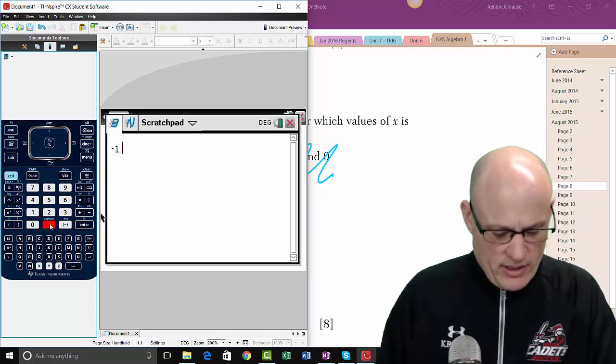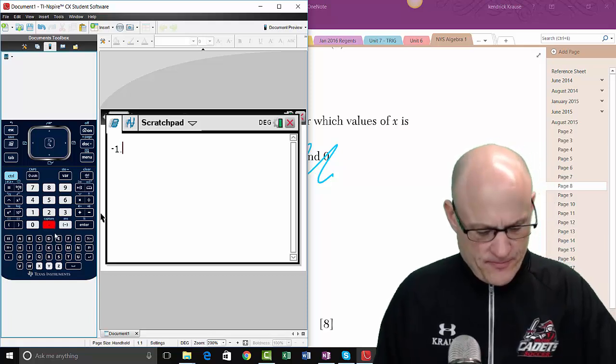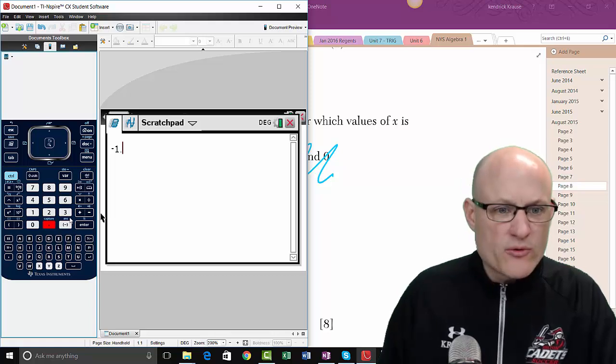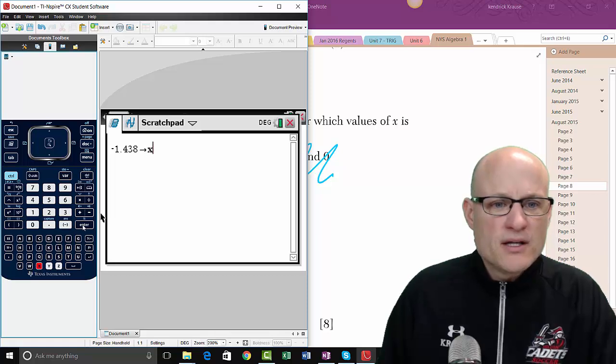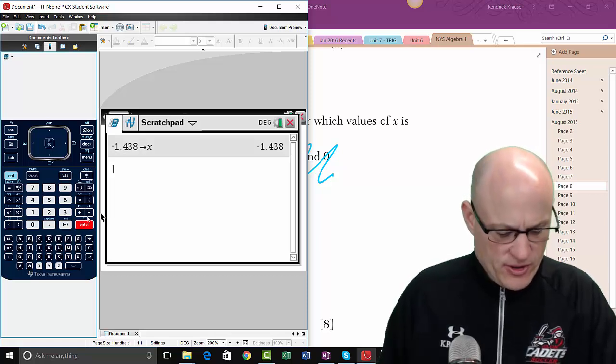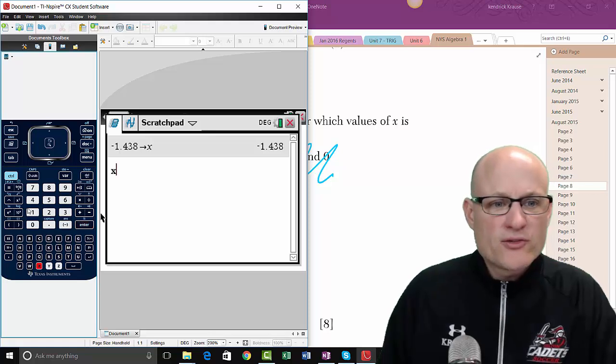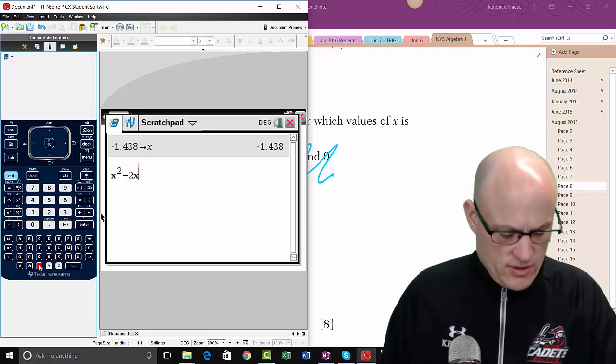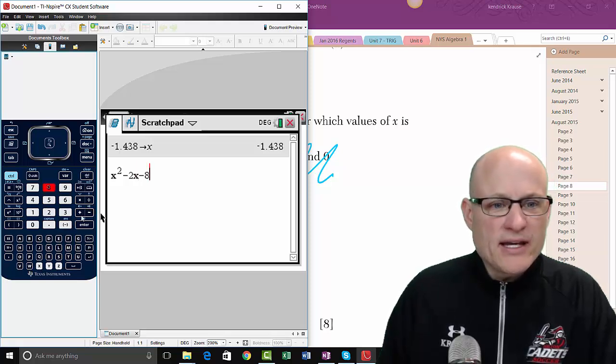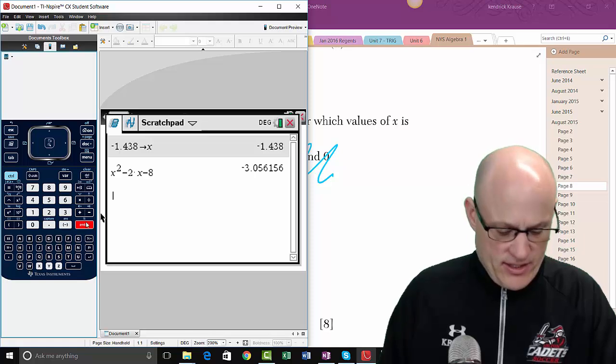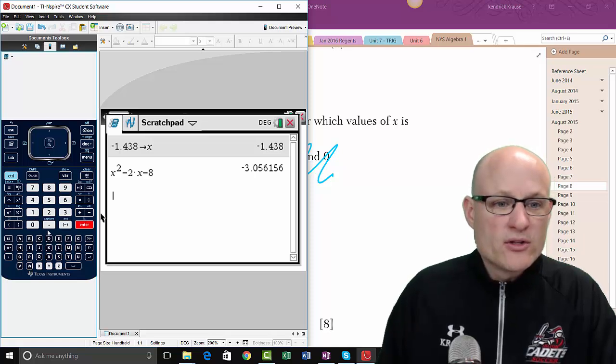Negative 1.438, I'm going to store that into x. I'm just going to try it, and the function is x squared minus 2x minus 8, and for that one I get that, and the other one is 1/4 x minus 1.